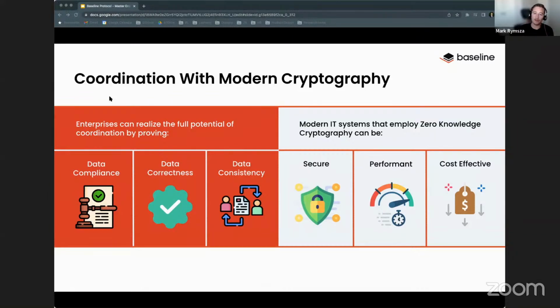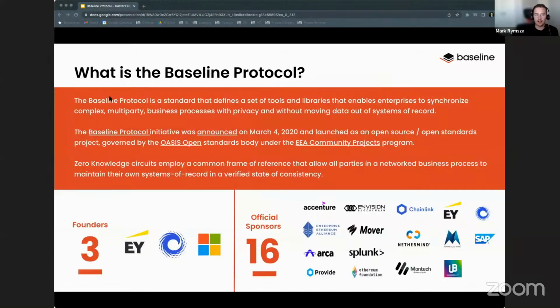So it's a very powerful mechanism. And you can build modern IT systems that use zero knowledge cryptography that are secure, performant and cost effective, which is very important for businesses. And a distinction is, I'm not attesting or affirming that I know it. I am proving that I know it.